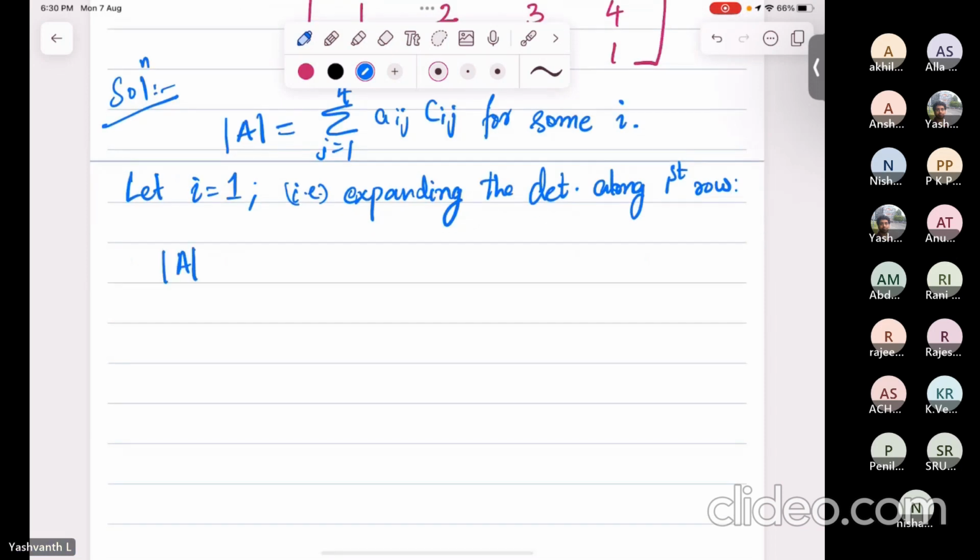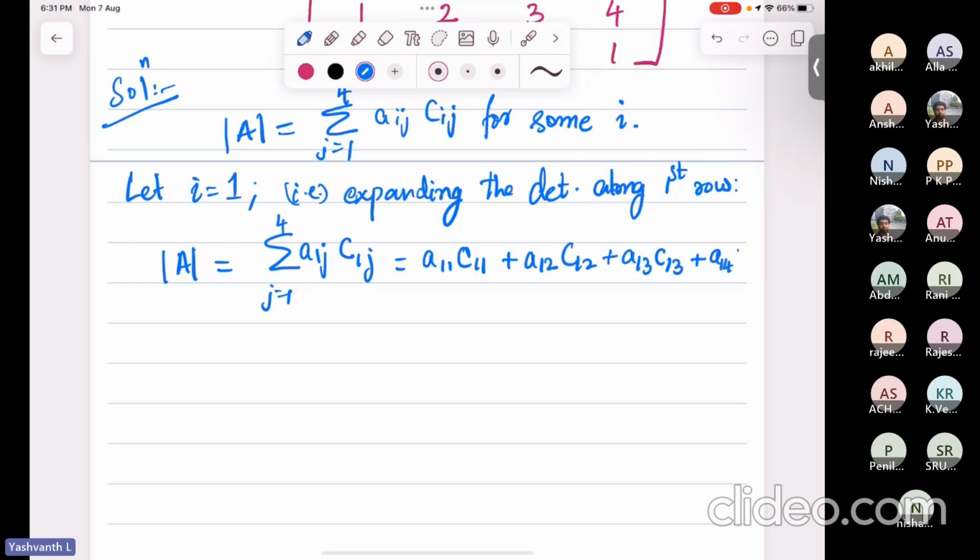Then the sum over j equal to 1 to 4 of a_1j c_1j equals a11 c11 plus a12 c12 plus a13 c13 plus a14 c14.